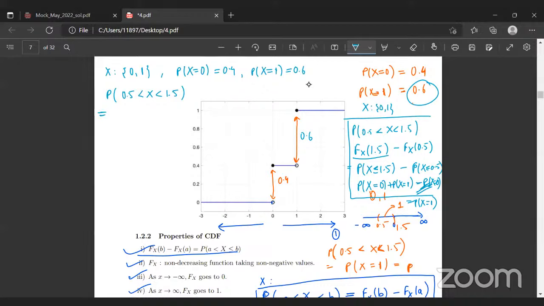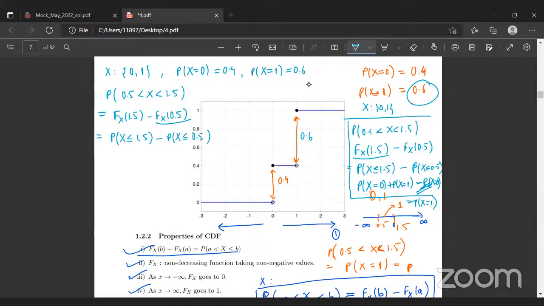Using the CDF property, we can write this as Fx of 1.5 minus Fx of 0.5. Fx of 1.5 is the probability that X takes a value less than or equal to 1.5, and Fx of 0.5 is the probability that X takes a value less than or equal to 0.5. Now, since X is a discrete random variable and takes just two values, 0 and 1.